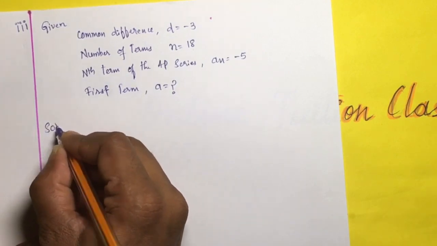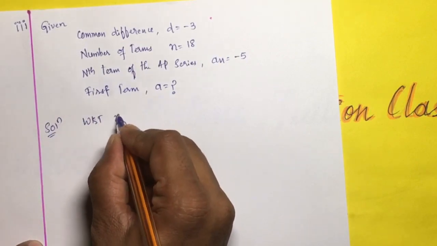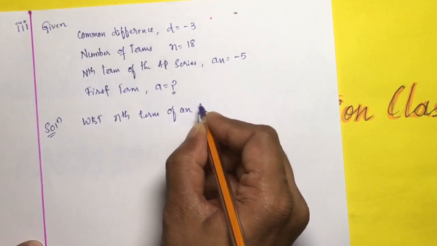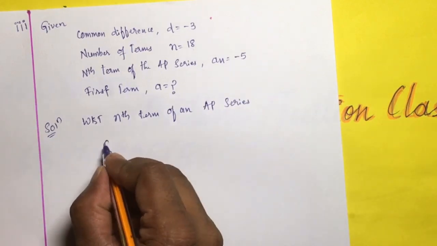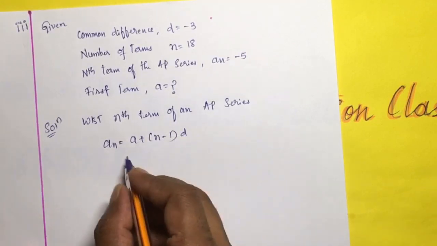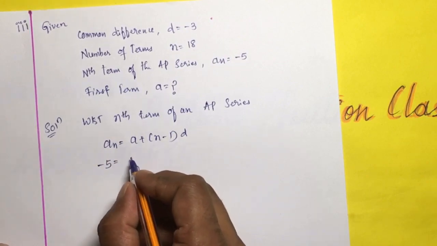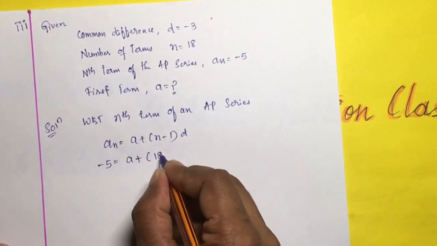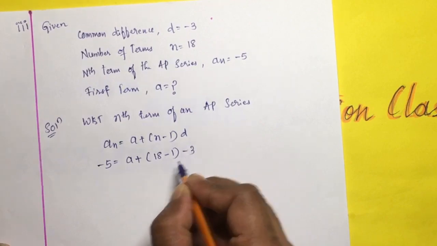So solution, we know that the nth term of an AP series an is equal to a plus n minus 1 into d. an is minus 5, a we have to calculate, plus n is 18 minus 1, d is minus 3.